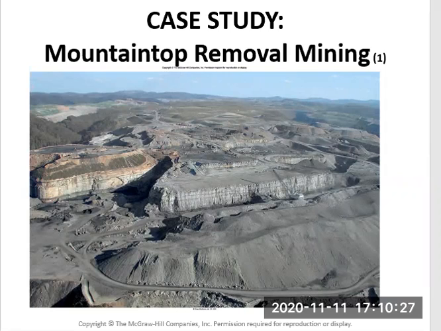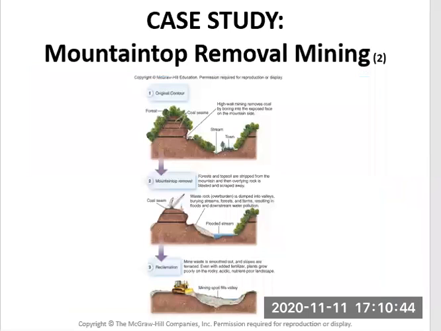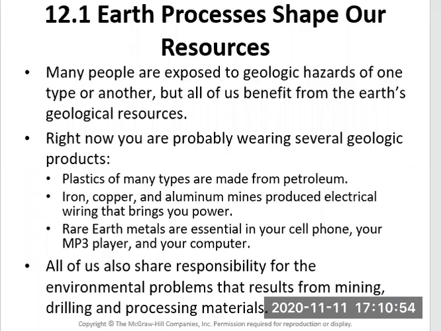MTR mining, the mountaintop removal mining, is a prime example of how we are causing long term massive scale damage to the earth. Here in these pictures, you can see how mountaintop removal mining is destroying our mountains and especially the rocks.